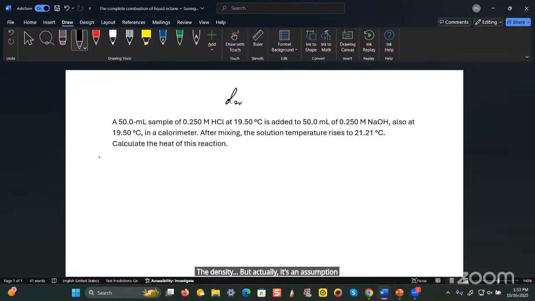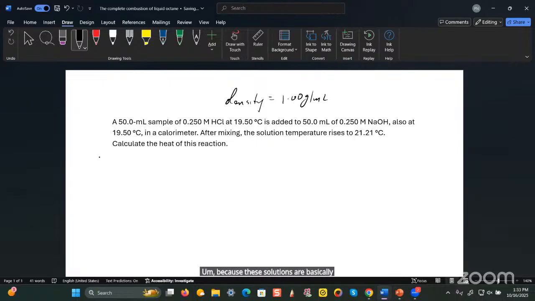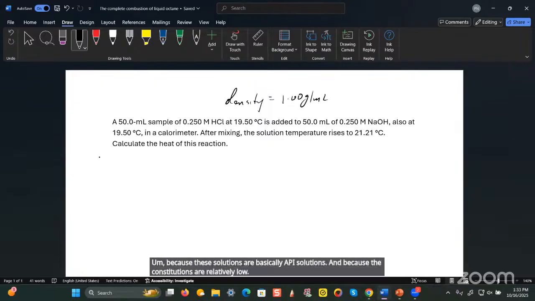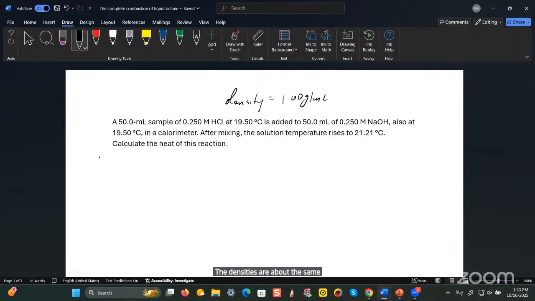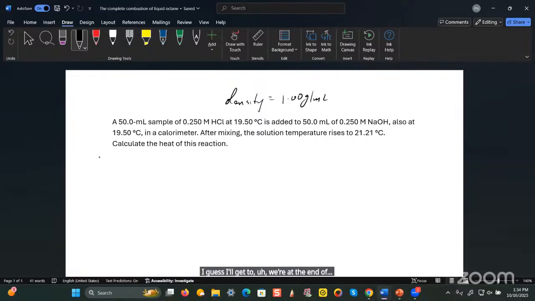The density of each solution will be 1.00 grams per mL. We have to assume that, because these solutions are basically aqueous solutions, and because the concentrations are relatively low, the density is about the same. That's one assumption that you'd have to make. And then there's also another assumption which I think you have to make. I'll get to it in the process of solving this problem.